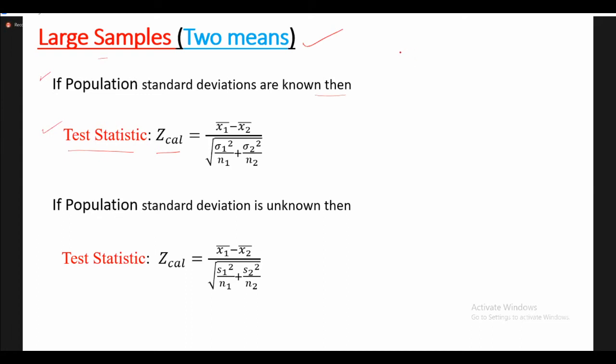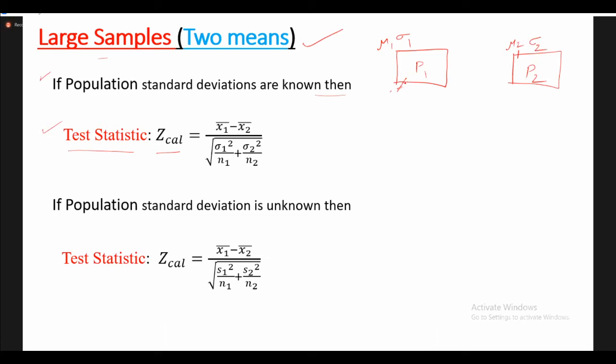Here 2 populations are there. Listen. This is population 1 and this is population 2. This population mean is denoted by mu1 and standard deviation is denoted by sigma 1. This one is denoted by mu2 and standard deviation is denoted by sigma 2.